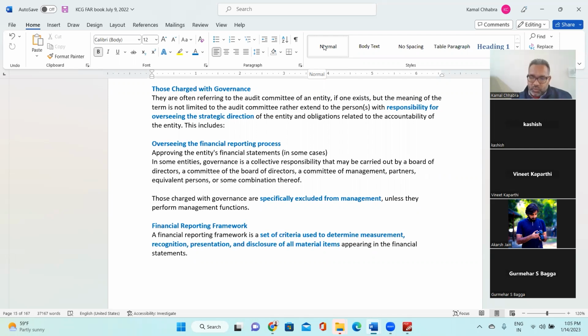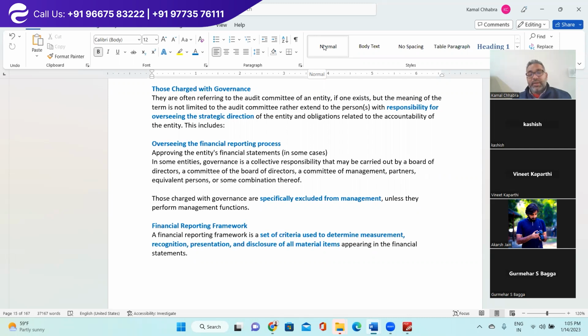For an issuer, most of the time it is the audit committee, but it can be the management and audit committee, or the board of directors, or the partners or equivalent, or a combination thereof.